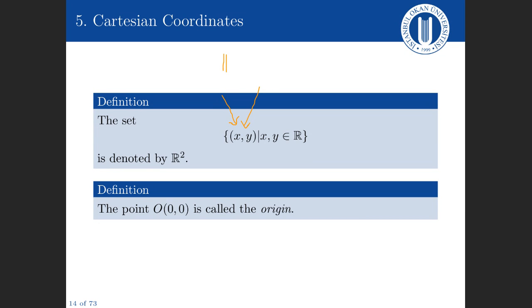So we have all the numbers in R, and again, all of the numbers in R. We denote this by R squared because we have two numbers in R. When you see something like this, it tells us that we are in a two-dimensional space. And as I said on the previous slide, the point 0, 0, or the point O, is called the origin.